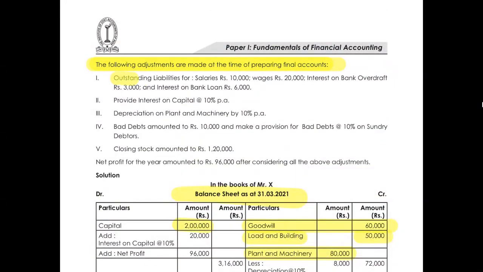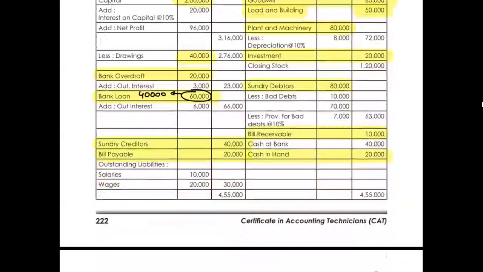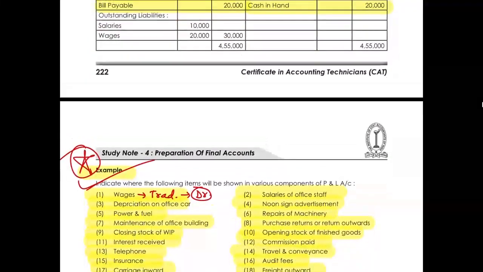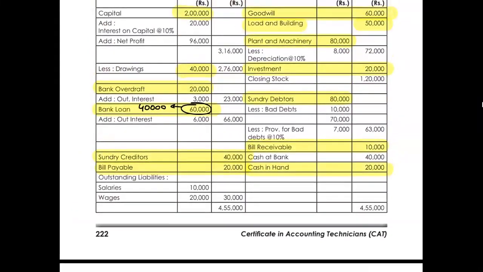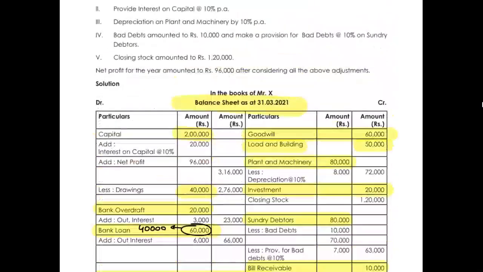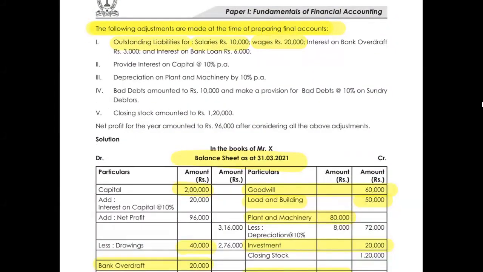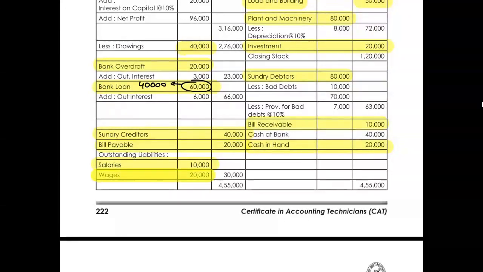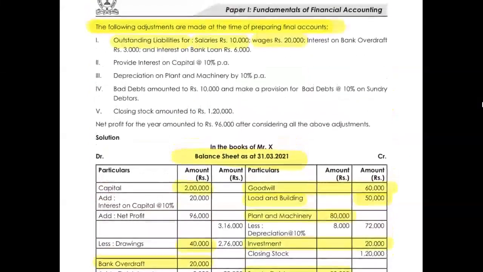So they have given outstanding liabilities for salary. There is an outstanding liability for salary. It is 10,000 rupees. So outstanding liability, that is salary, 10,000 rupees they have mentioned right now. Then we have wages of 20,000. Interest on overdraft is 3,000 and interest on bank loan is 6,000.